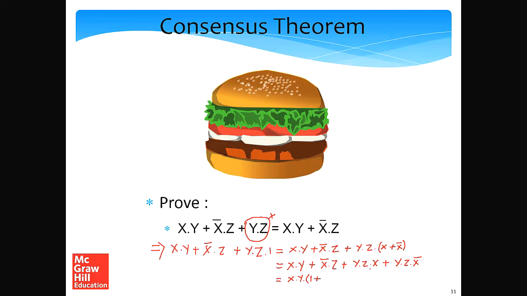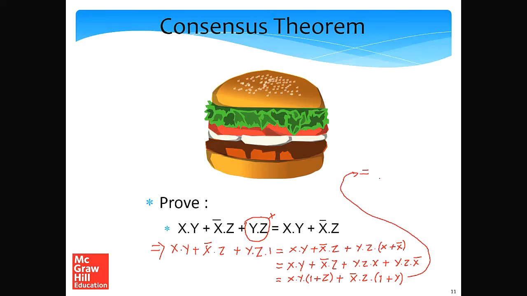Now let me consider the third term over here. So I'm using the commutative rule to infer that z and x bar is the same as x bar and z. So now we can go up.